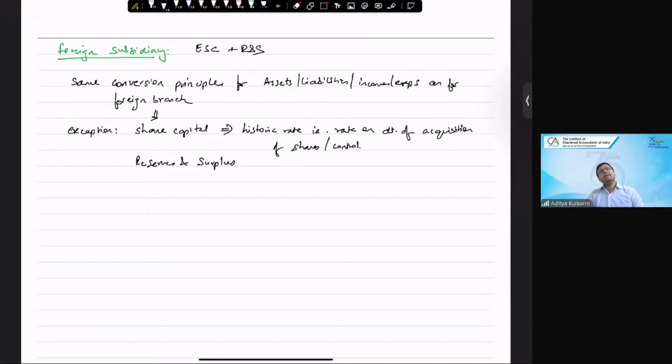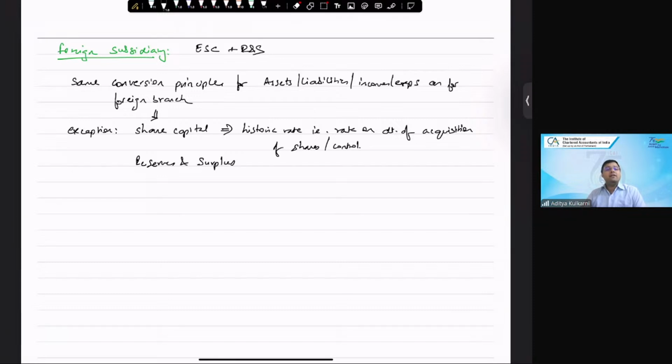You remember when we studied Ind AS 102, we were studying employee stock option plans, and then we studied stock appreciation rights. Stock appreciation rights, every year we used to remeasure at fair value, but stock options were always carried at fair value at the grant date. Do you remember a little?